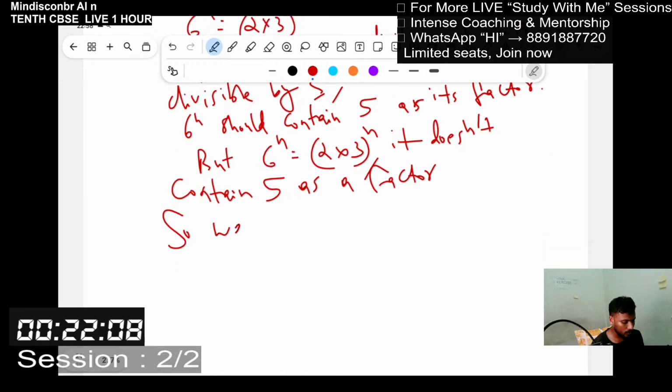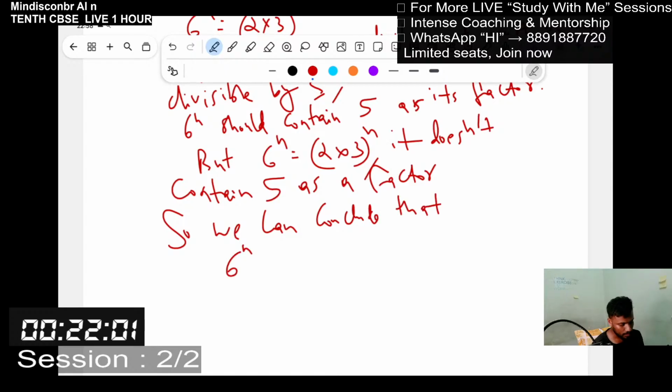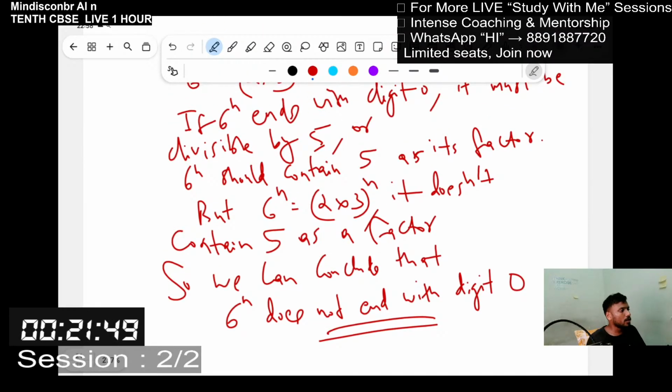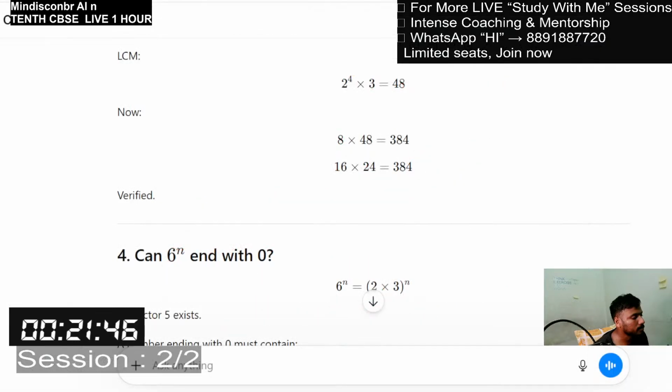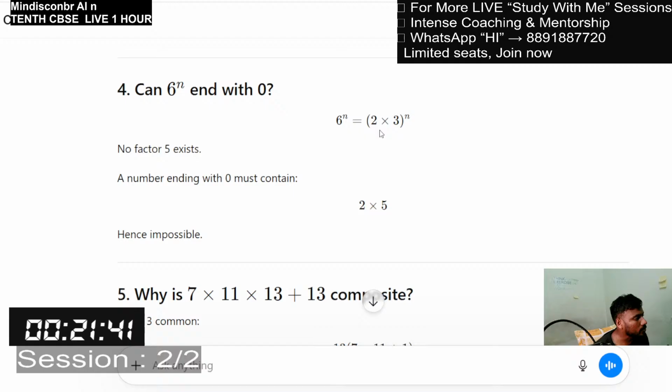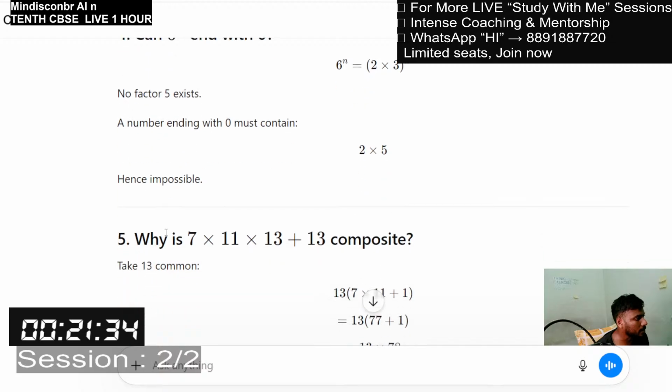So we can conclude that 6 raised to n does not end with digit 0. No factor 5 exists. A number ending with 0 must contain 2 into 5, hence impossible.